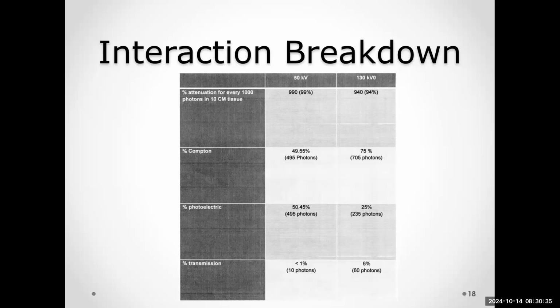However, when you look at the middle of this chart, you can see that as kVp goes up from 50 to 130, Compton scatter percentage goes up because photoelectric goes way down, right?